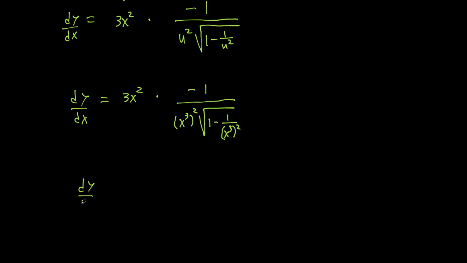dy/dx equals 3x squared times -1, which is equal to -3x squared, and that's going to be all over x to the third squared, which is x to the sixth because we multiply exponents, times the square root of 1 minus 1 over x to the sixth.